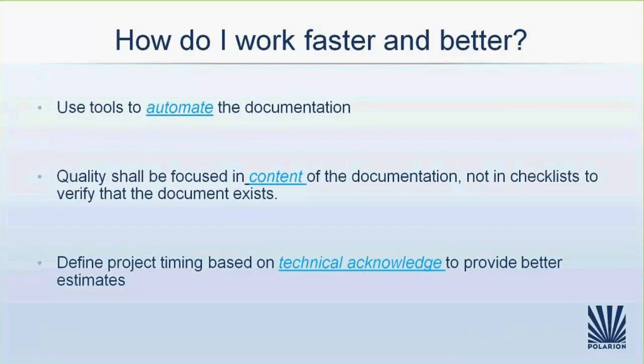And then also the timing should be based on technical knowledge to provide better estimates. You cannot have something that is going to be used by manufacturing when you are in the first phase. Barely the harnesses are being built right now. So there has to be some leverage over there to understand this and what your product is required for each phase, so you can properly set up the process because it might change.